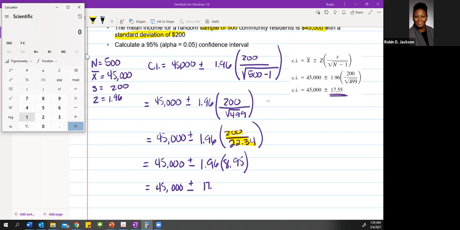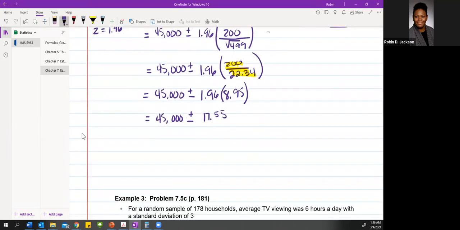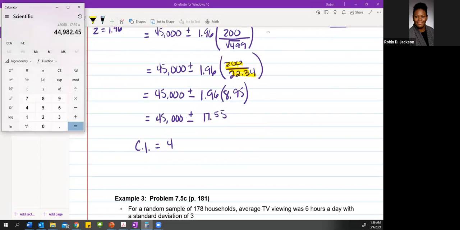We're going to use that 17.55, but let's go ahead and do 45,000 subtract 17.55. All right, so that's going to give us 44,982.45. So let's come on over here. So now we will do our confidence interval. And we know that our confidence interval is equal to, let's look at that number again, 44,982.45.